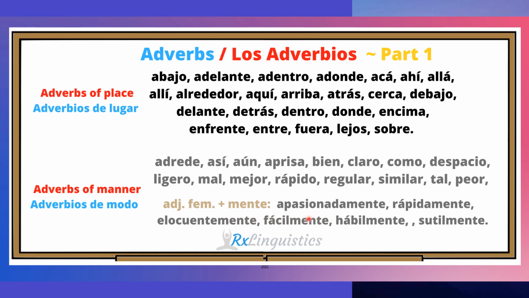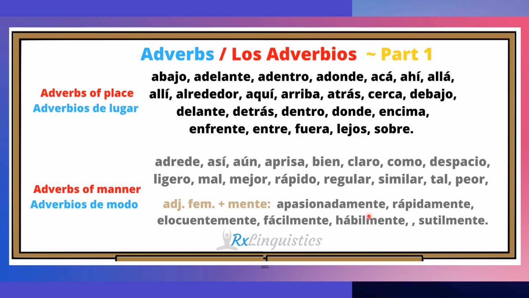So here we have apasionado, and then it becomes apasionada, and you add mente, okay, and then it becomes with passion. Apasionado is passionate for masculine, and apasionada is passionate for feminine. So these are adjectives, and the mente is the suffix that converts the adjective into adverb.